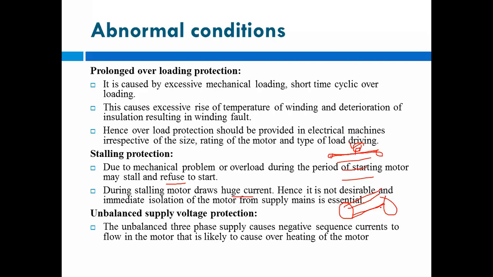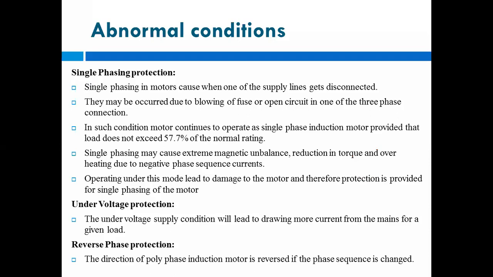So we have to protect the motor against this unbalancing, means against these negative sequence currents. Okay, so these negative sequence currents are shown by I2. The suffix is 2 for negative sequence.